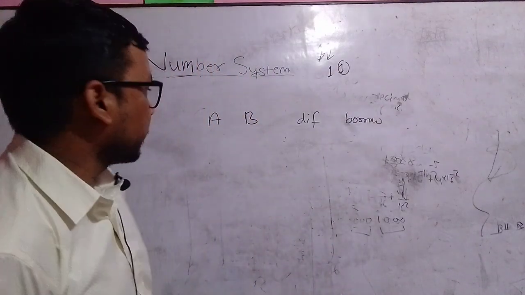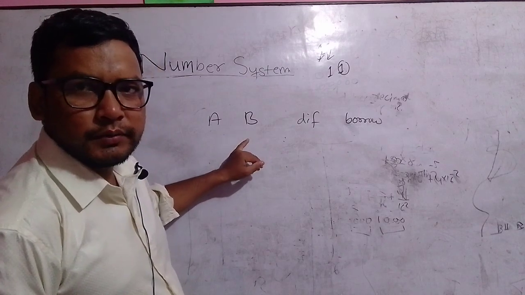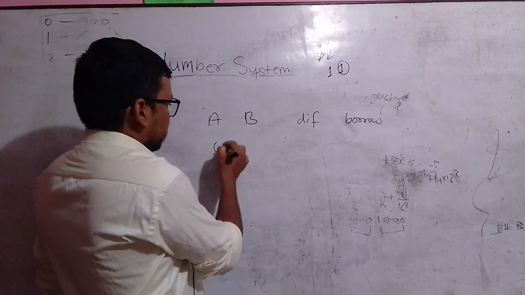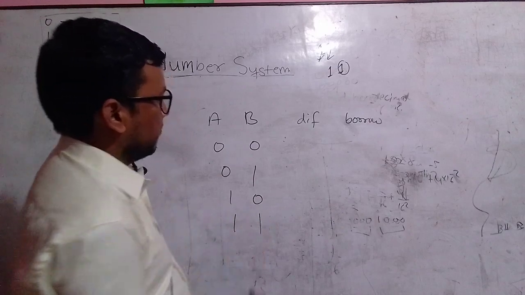Now, look here. How many combinations of two digits can we form? There are 2 to the power 2, that means 4 combinations: 00, 01, 10 and 11.